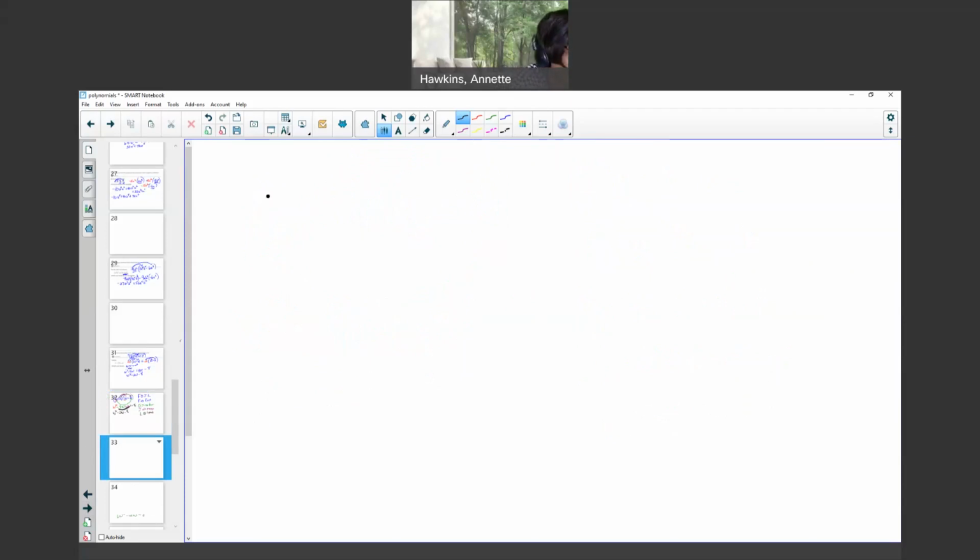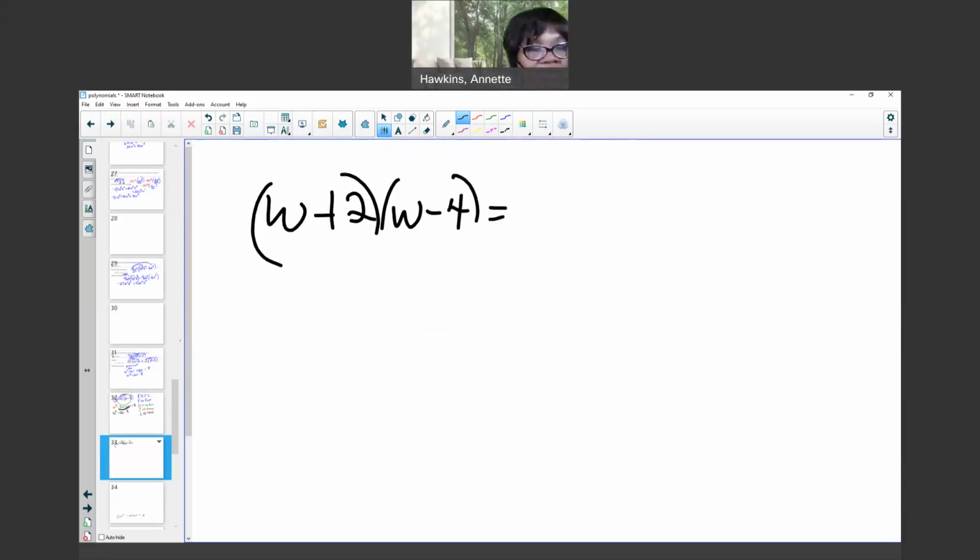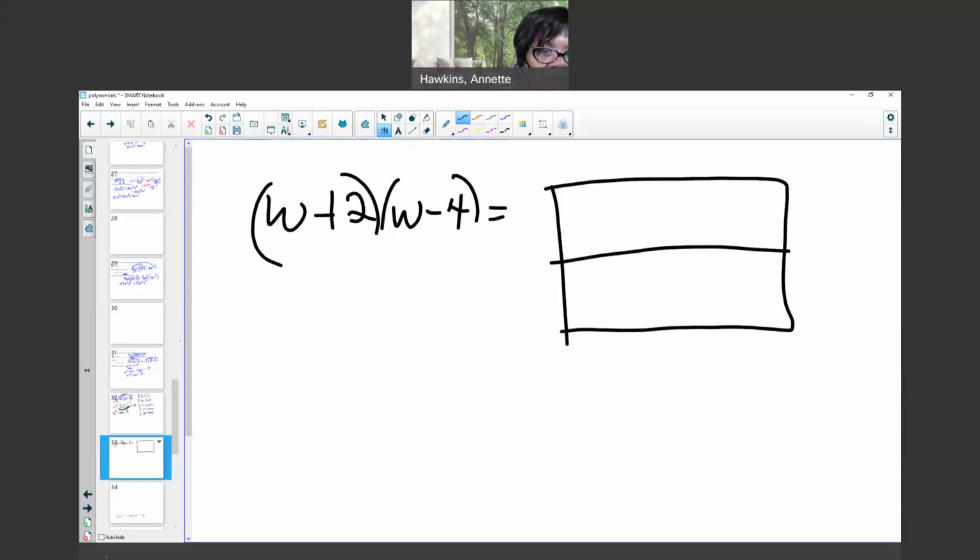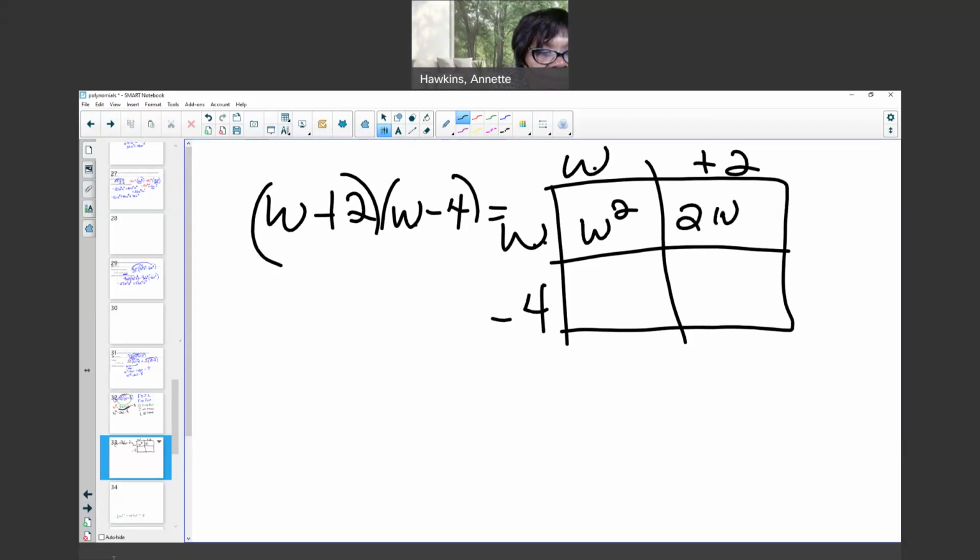All right, so W plus 2, W minus 4. This is what a lot of students like. They like to do a little matrix. And they put this first term here, and then they put the plus 2 there. Put that term here, and then put the minus 4 here. And they use a little box. W times W is W squared. Okay? W times 2 is 2W.